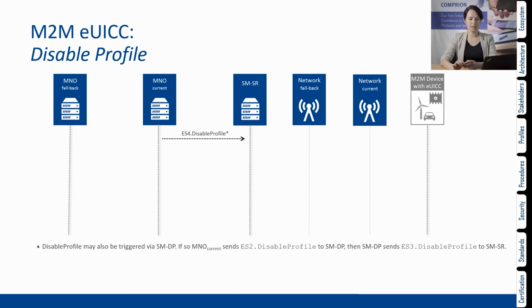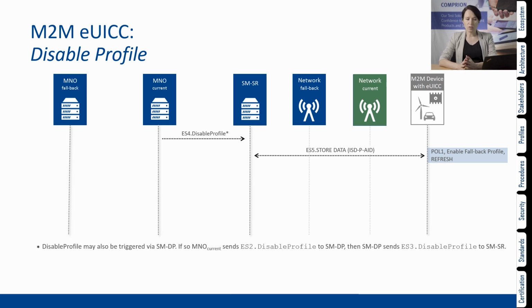In this case, the current MNO first sends the disable profile command, or the function command, to the SMDP, and the SMDP forwards this to the SMSR. Then again there is the store data command, but with a different flag set. It goes from the SMSR using the current network to the EUICC.